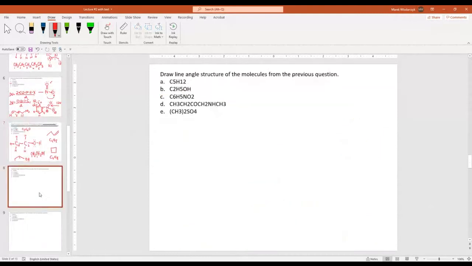And the next question would be D, I think. In this molecule here, we have a condensed formula: CH3, CH2, CO, CH2, NH, CH3. That tells you that we have a carbon here that is connected to another carbon.